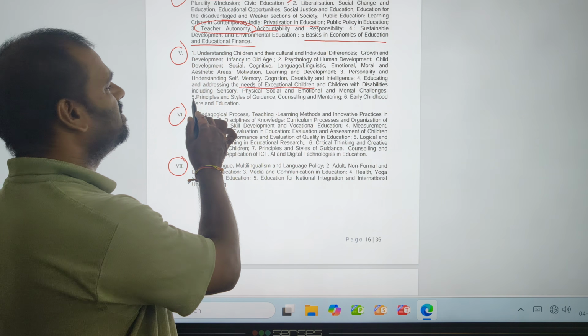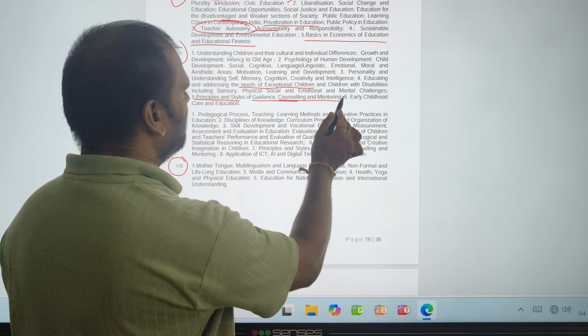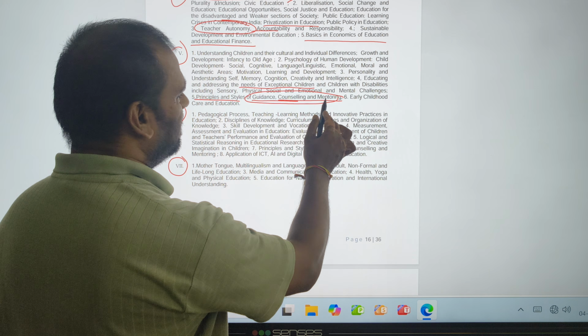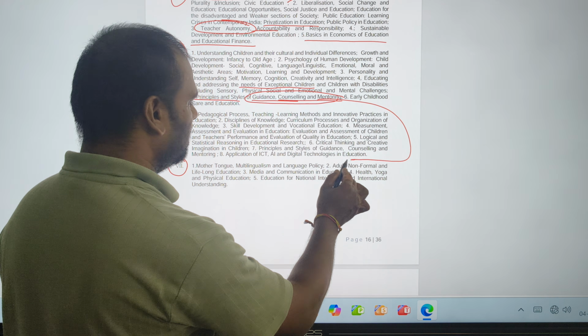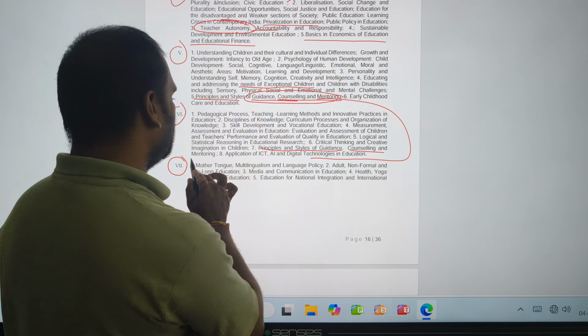And what are the principles and styles of guidance and counseling and mentoring? The same guidance, counseling and mentoring we are also going to get in this. So principles and styles of guidance, counseling and mentoring.